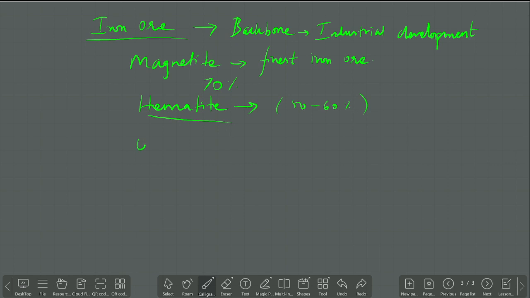Please be clear: Odisha, Chhattisgarh, Karnataka and Jharkhand. How much percentage? 97. So it's very important to learn how much was extracted in each state, because 97% is just from these four states, and the remaining 3% is from other states. Understood?